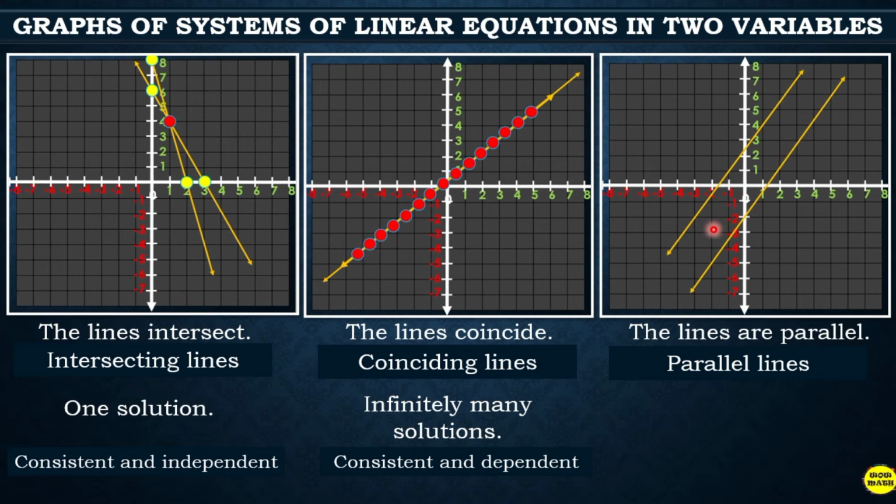So, therefore, do we have a solution? Wala. Yes. So, therefore, there is no solution. Kapag ang graph ng lines mo ay parallel lines, there is no solution. And that is what kind of system? Inconsistent. Okay. So, these are the graphs of systems of linear equations in two variables.